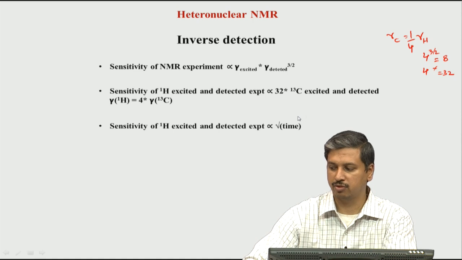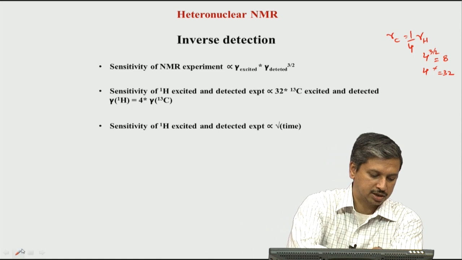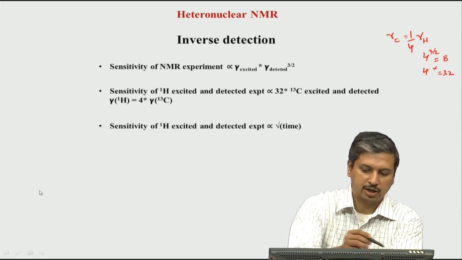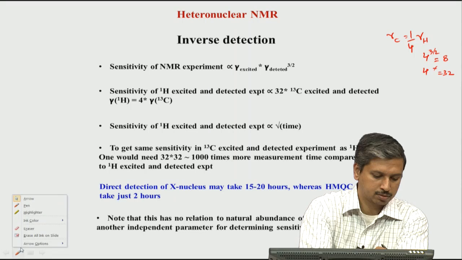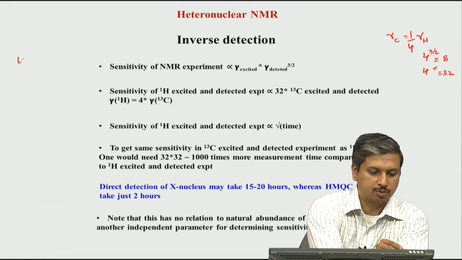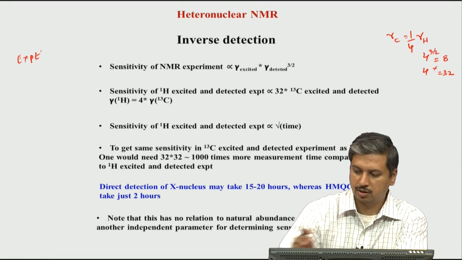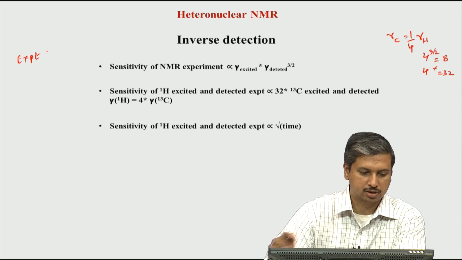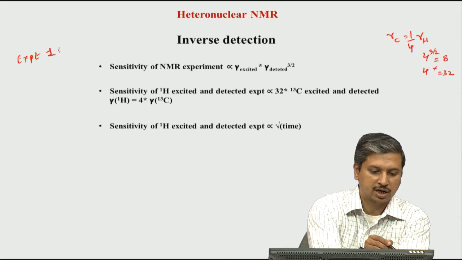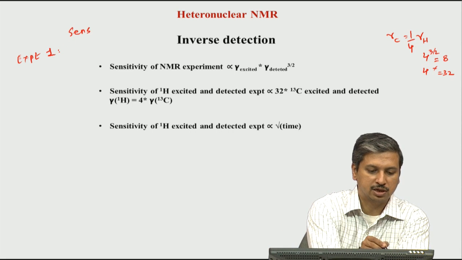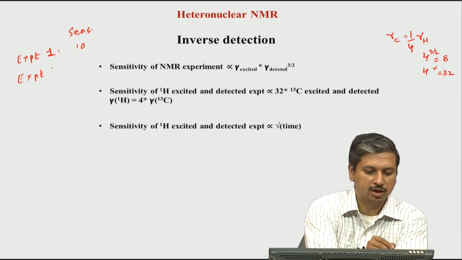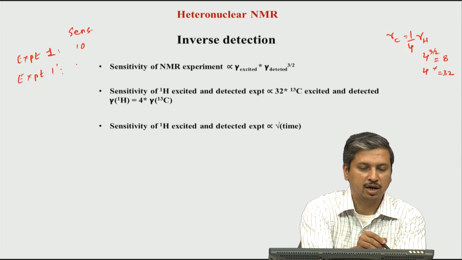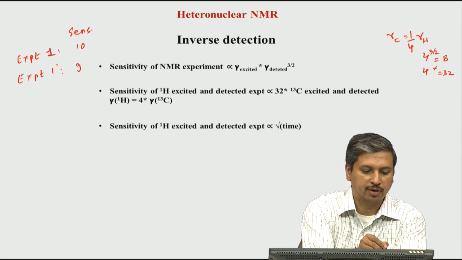So, let us say I have two experiments. Let us go back to experiment number 1, which has a sensitivity, let us use the word sensitivity, of 10, and I have experiment number 2, or I want the same experiment, I call it 1 prime, and I want a sensitivity of 20.